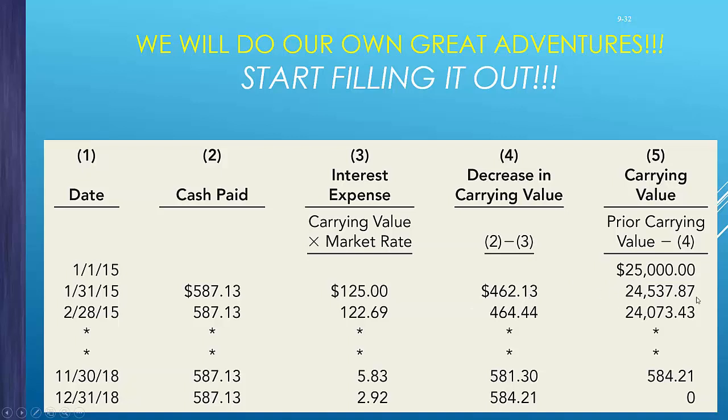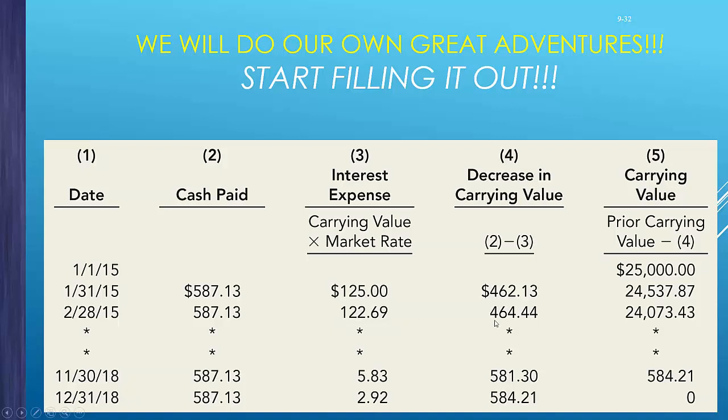Then the next time they make a payment, in this case the next month, which is about when mortgages are due, every single month, they pay the same amount. Now the amount that's applied to interest actually goes down, so I'm going to take this carrying value times the interest rate, I come up with 122.69.